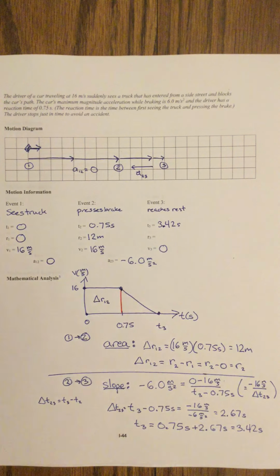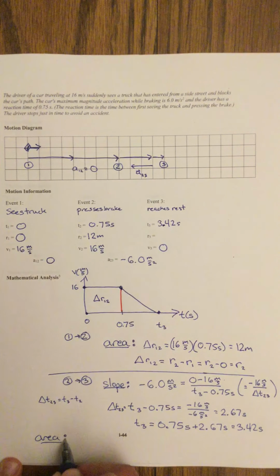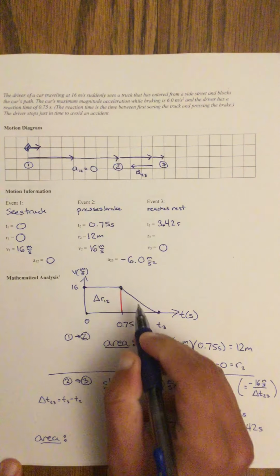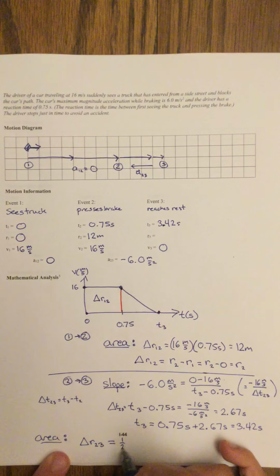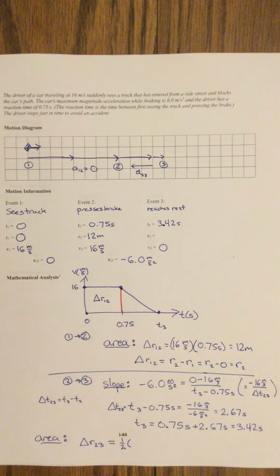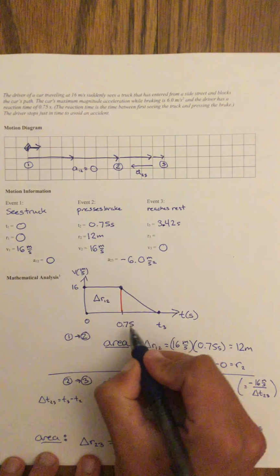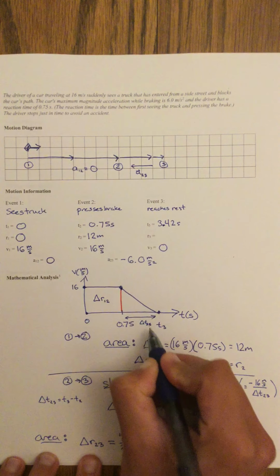Now I do the area. Going from 2 to 3, that's a triangle. The area, I'm going to call it delta R 2, 3. And for a triangle, the area is 1/2 the base. Now here again, for the base, from here to here, this is delta T 2, 3.